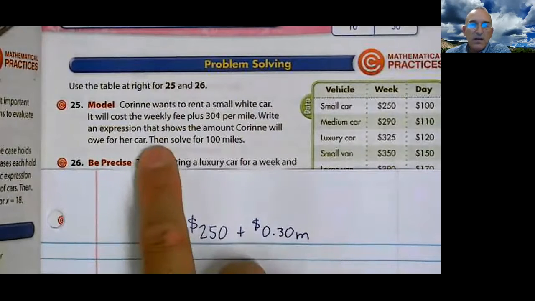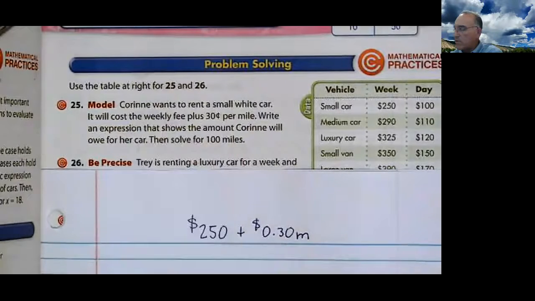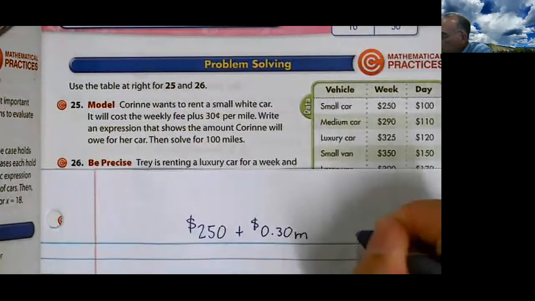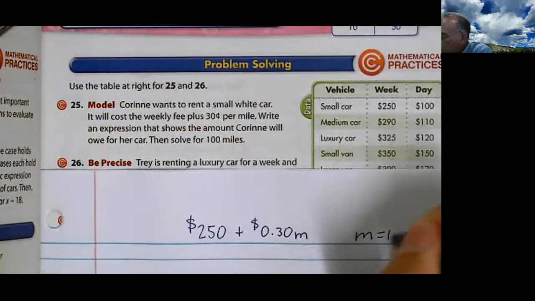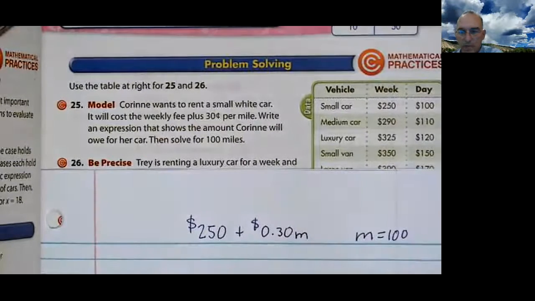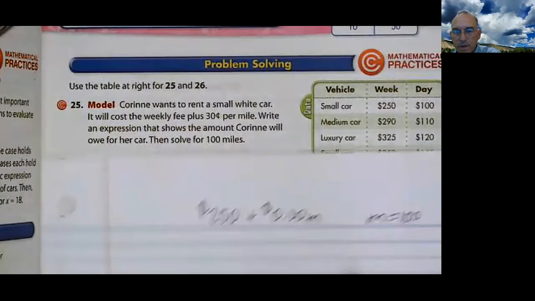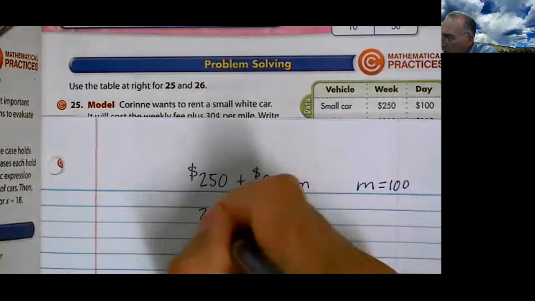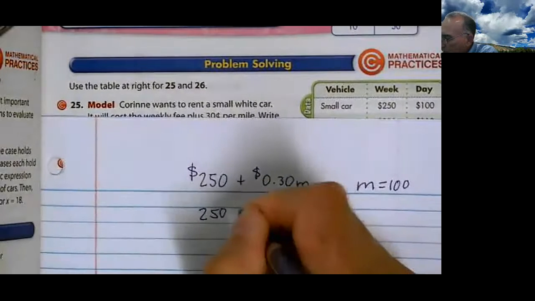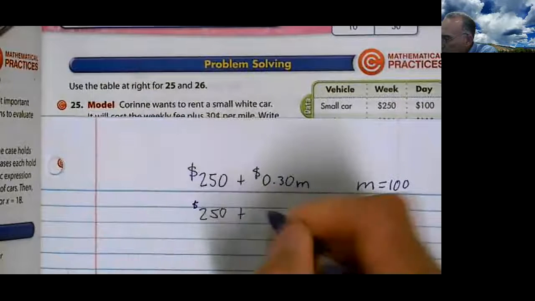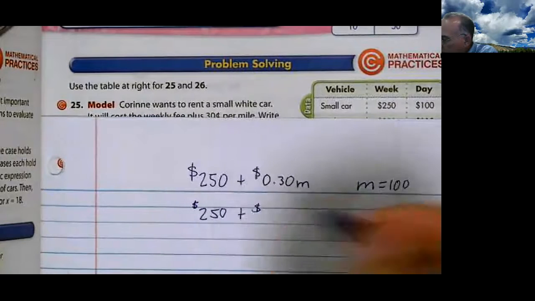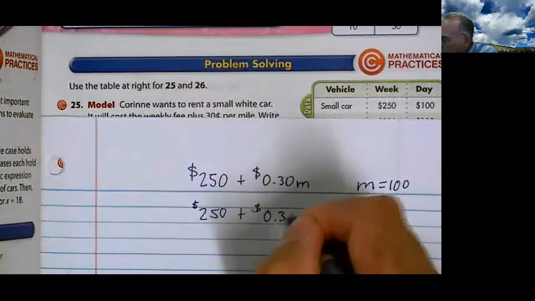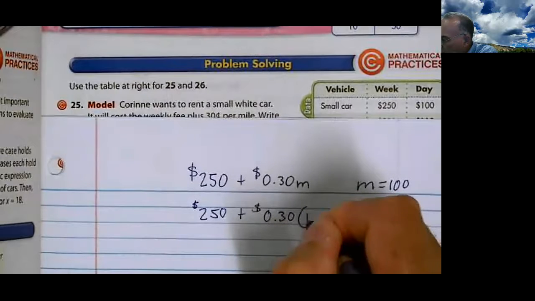Then it says, now solve for 100 miles. So come over here and go, M equals 100 miles. Now you can solve for 100 miles and you go 250 plus 30 cents. You substitute or plug in the value.